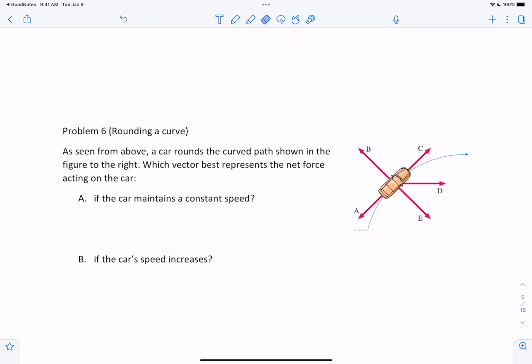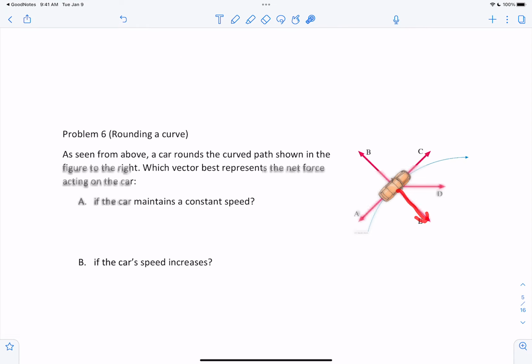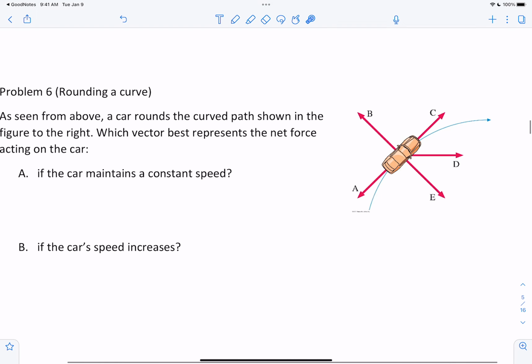So net force has to be a result of the centripetal force, because that's what's keeping us moving in a circular path. That centripetal force is pointing towards the middle. So if the car is maintaining constant speed, the net force acting on the car is our centripetal force, pointed towards the middle, radially inward, and that's E.